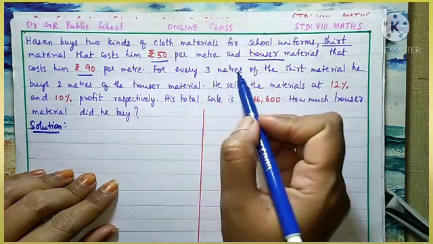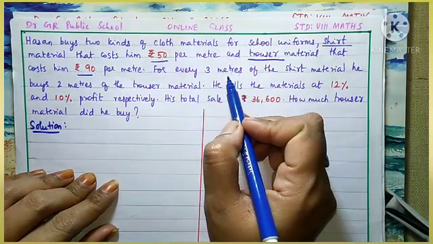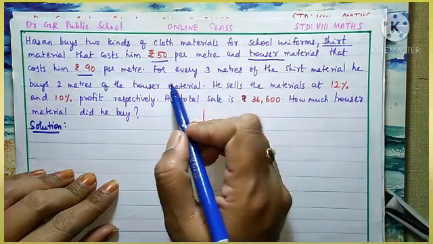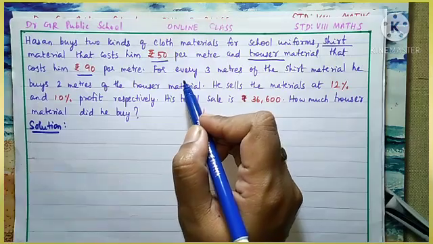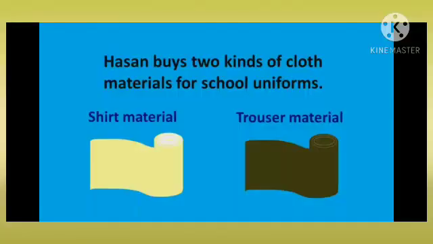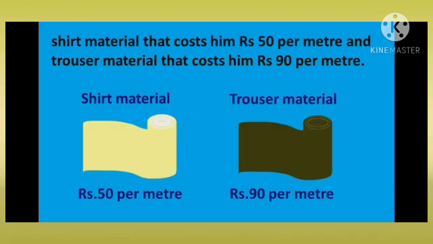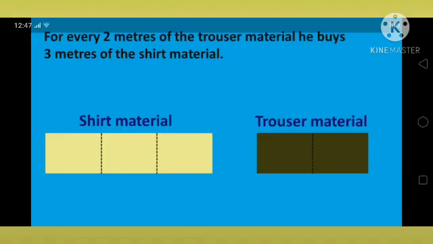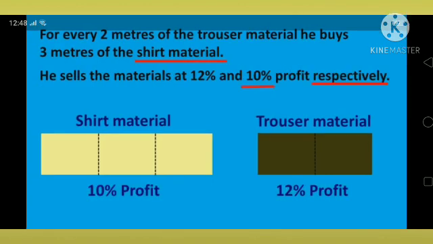So this is the ratio of the two materials he is selecting. Shirt material is rupees 50 per meter, trouser material is rupees 90 per meter, and they are in the ratio 3:2, with 10% profit for shirt and 12% profit for trouser material.